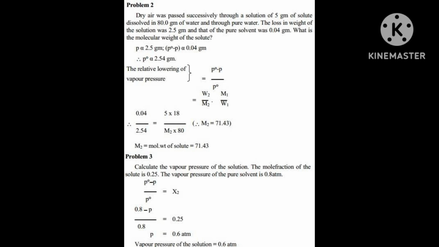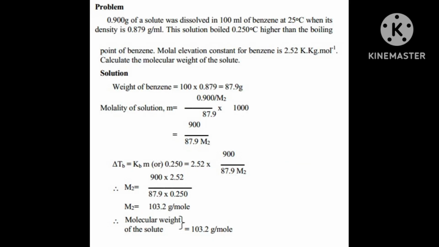Boiling point definition you know. Boiling point is the temperature at which the vapor pressure of solvent in solution becomes equal to the atmospheric pressure. That temperature is called boiling point.